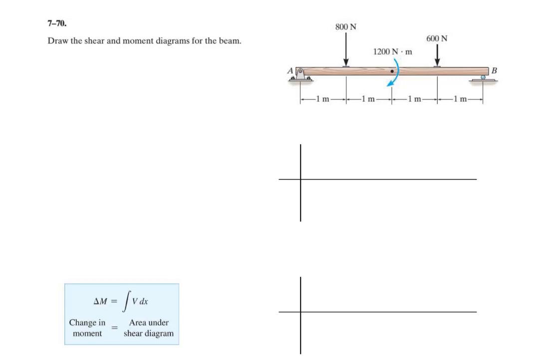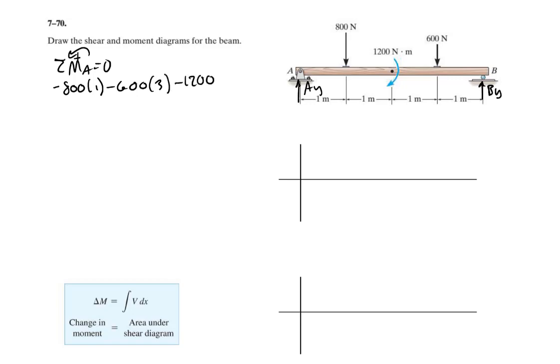Let's find some reactions. I know that I have an AY and a BY. Sum of the moments about A is equal to 0. See if we can find those reactions. So I got minus 800 times 1, minus 600 times 3, minus 1200.